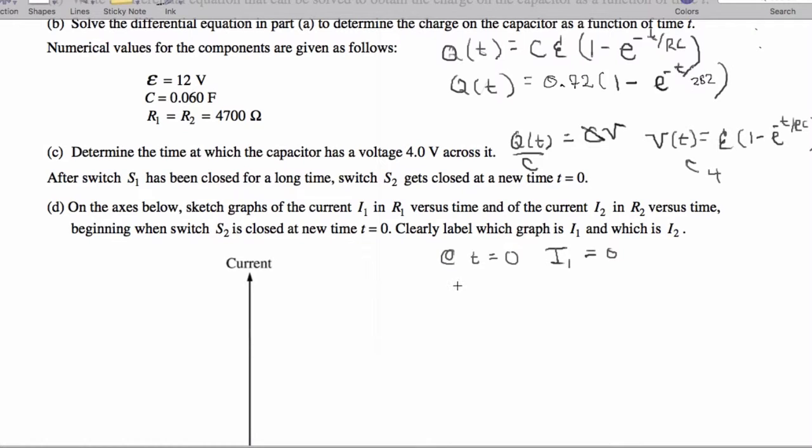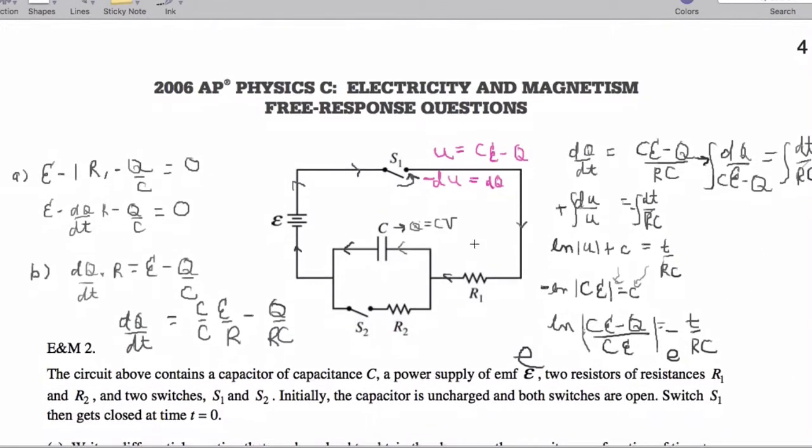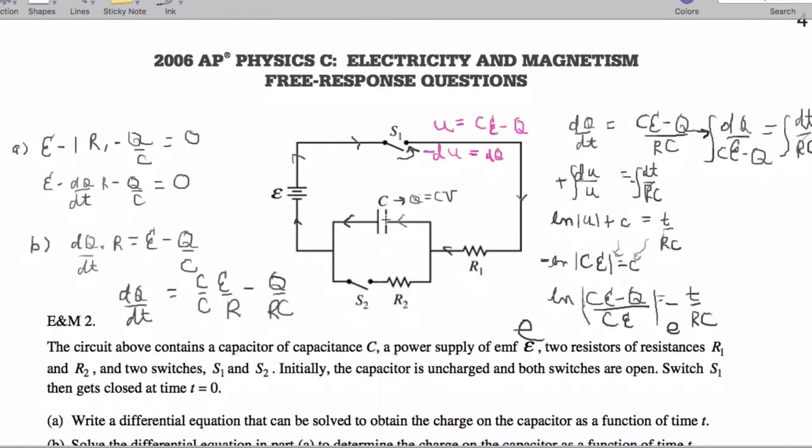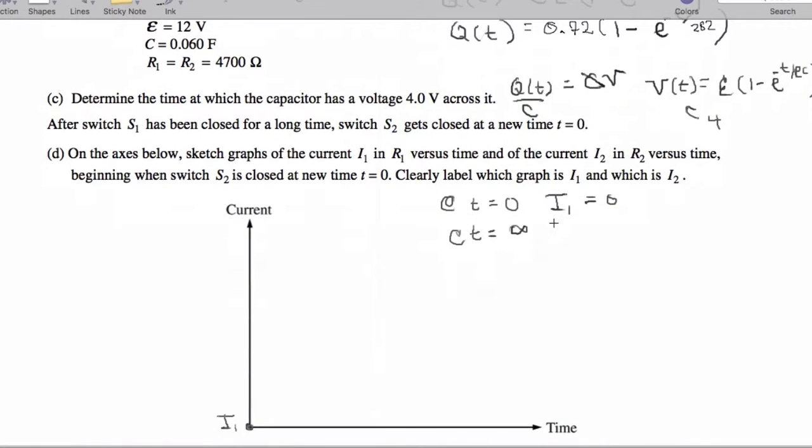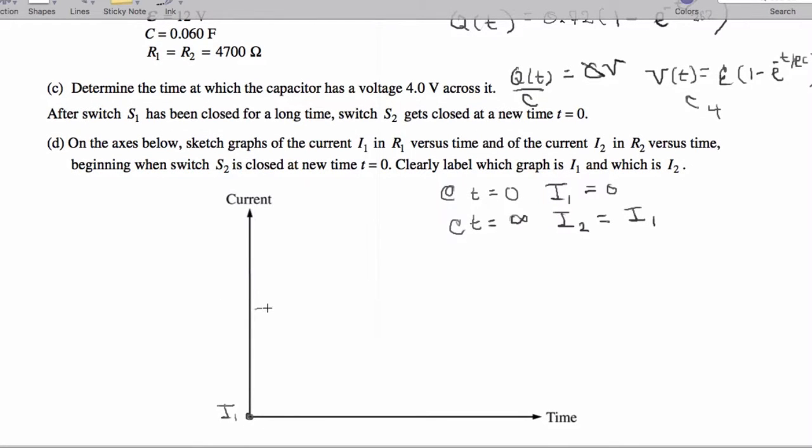And the other thing is, let's talk about t equals infinity. At t equals infinity, look at this circuit. The capacitor acts like a break at time equals infinity. So the I through R1 and the I through R2 are the same. So I'll just draw a line down the middle.